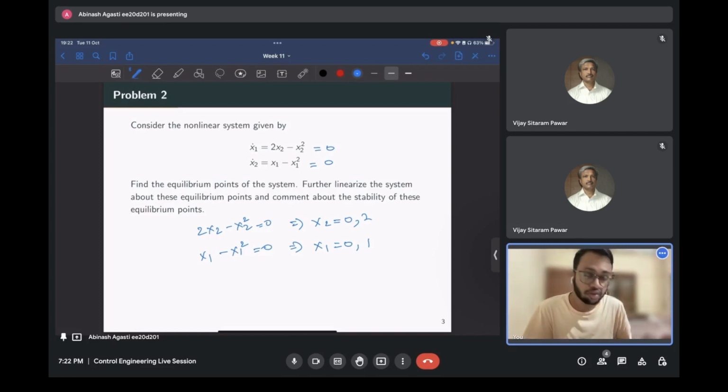Right. So now these are the solutions of fx equal to 0. But what are the equilibrium points? Know that equilibrium points are points in the R2 plane for this x1, x2 system. So what are the equilibrium points? Tell me.